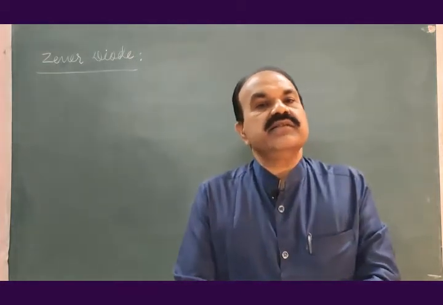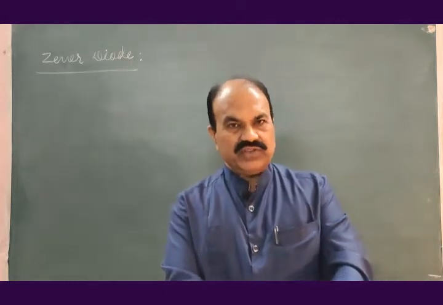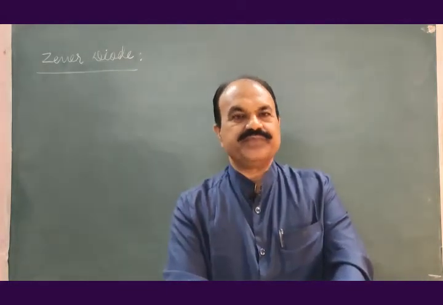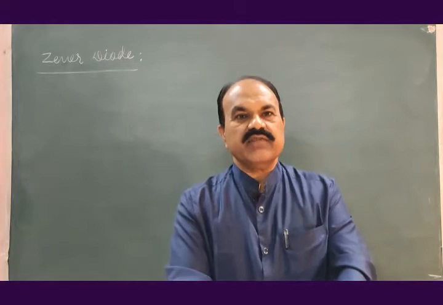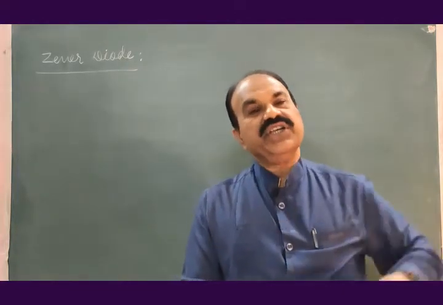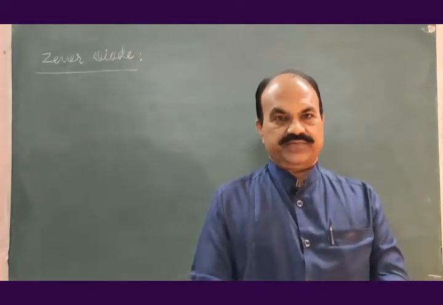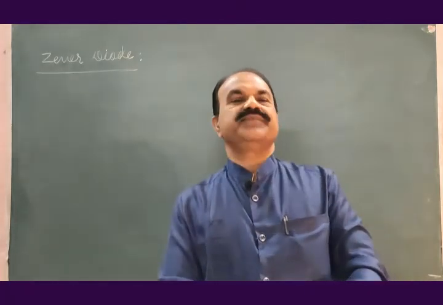It means that certain changes are made in the fabrication or manufacturing of this Zener diode with reference to the construction of ordinary PN junction diode. What changes are made?